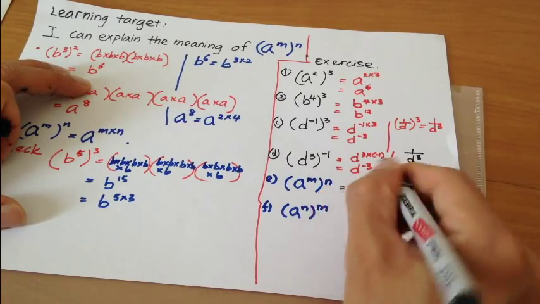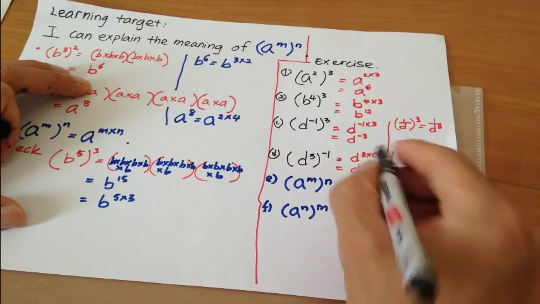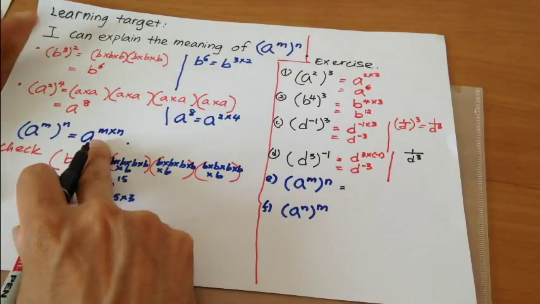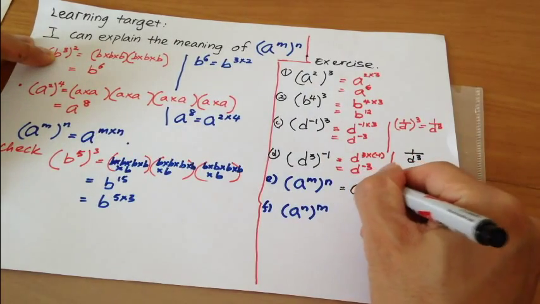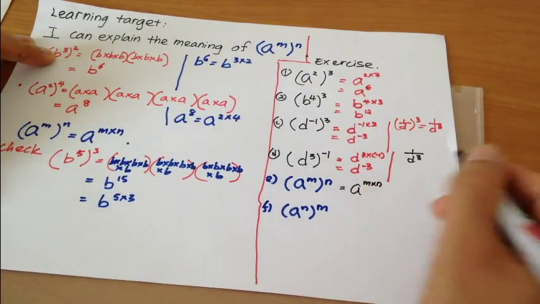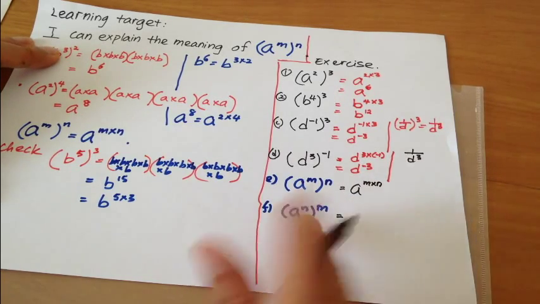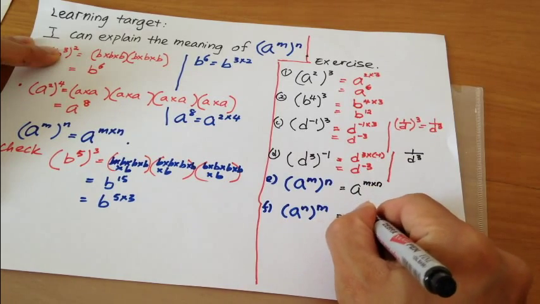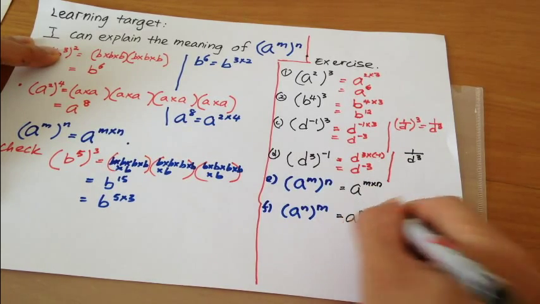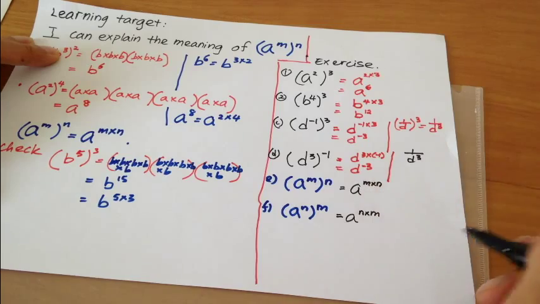What is a to the power of m raised to the power of n? Well, as written here, that is just a to the power of m times n, or mn. How about a to the power of n raised to the power of m? Well, that is a raised to the power of n times m. But what do you observe?